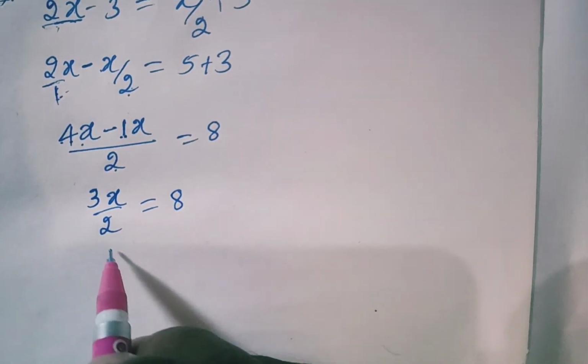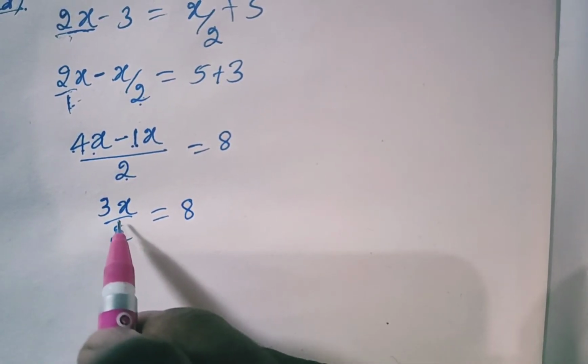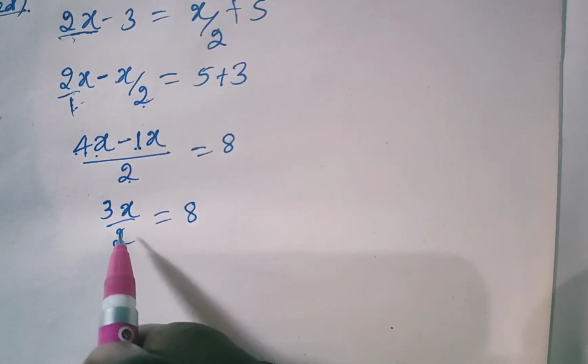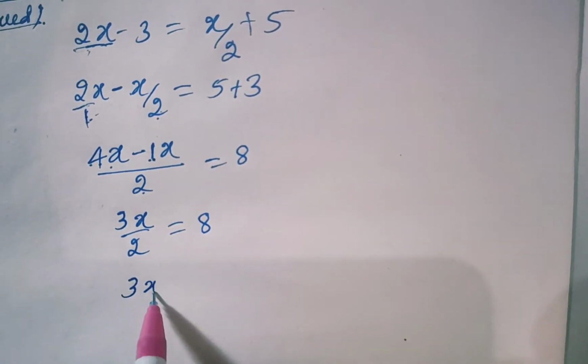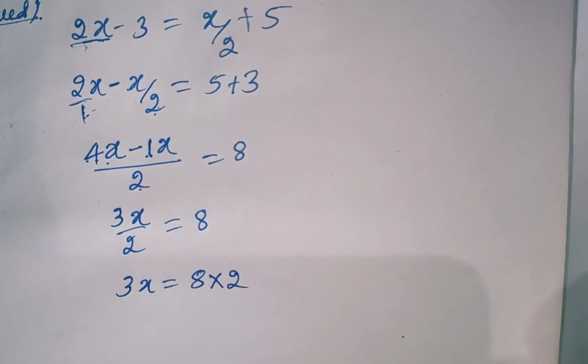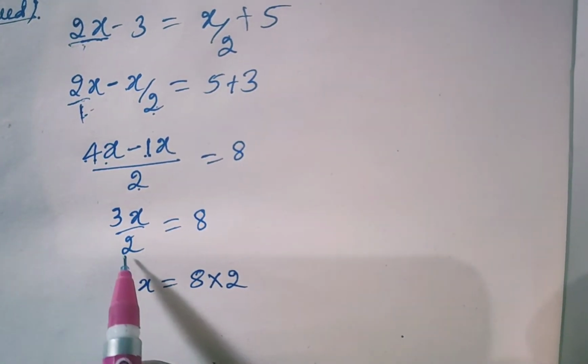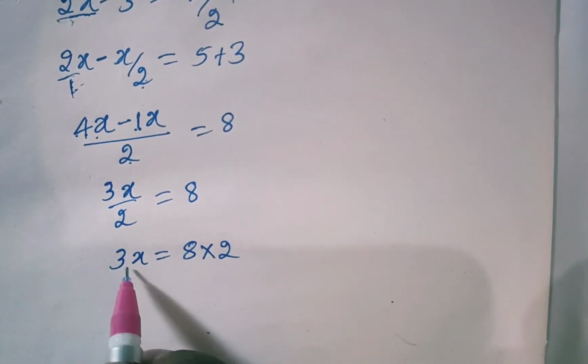Now this 2 comes this side, that becomes multiplication, because here division is there. Right now the 2 is dividing 3x, so that will be multiplied here. Keep this 3x as it is. 8 is multiplied with 2, 8 into 2. I hope you understood this. Now again 3 is multiplied here.